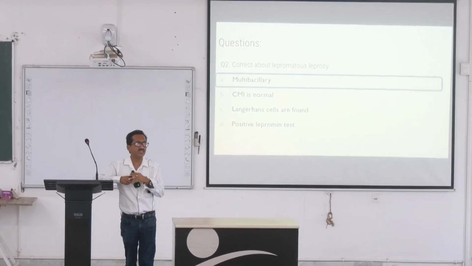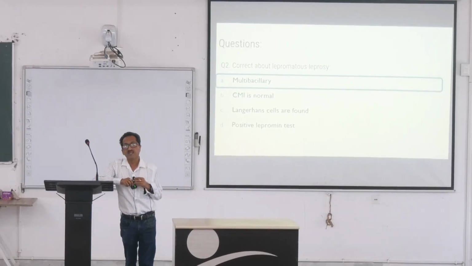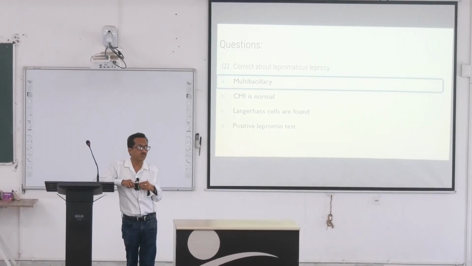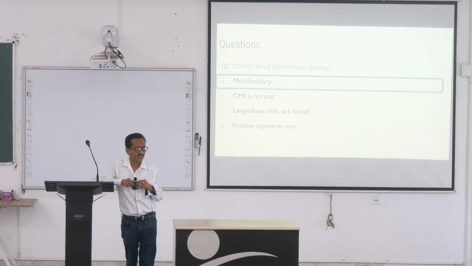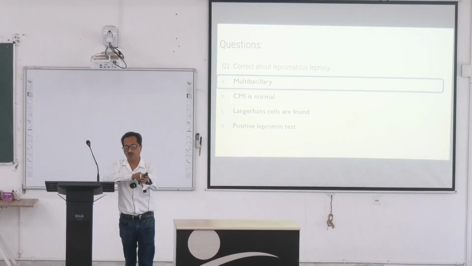Have you seen the taking of slit skin smear? If you have not seen, there are some YouTube videos for how you collect the slit skin smear and how it is stained. The staining is same as the germ stain, but I have not included the collection video because that would have been long.